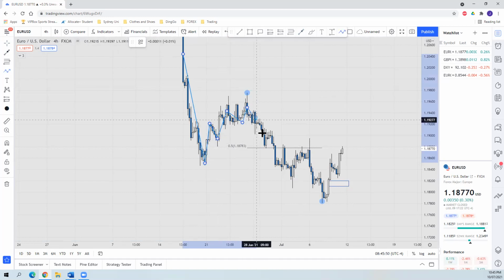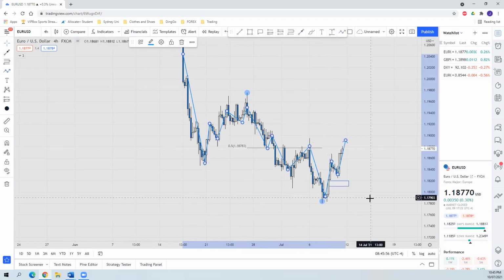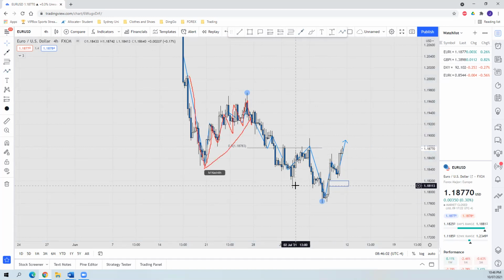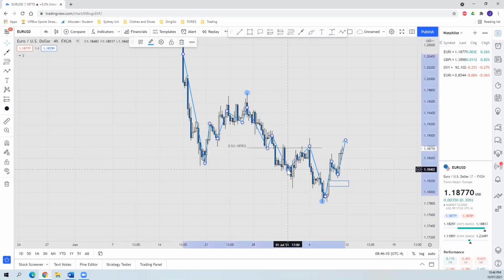Now if you take this, it's just a corrective move. You see how corrective that is? Because the momentum is to the downside, and this is excess liquidity, trend line liquidity, and it will come back down like this for sure. I think that answered your question.